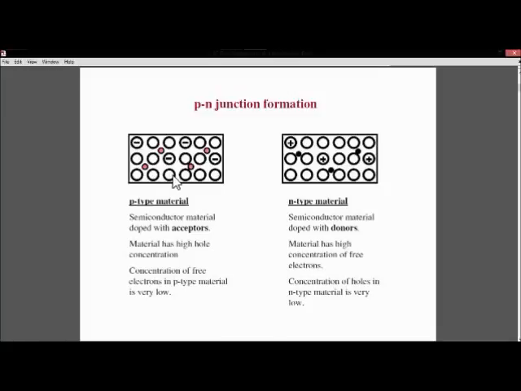The number of holes is always more than the number of electrons in P-type semiconductors, and it is just the opposite in N-type materials. In this case, the semiconductor is doped with donors. They have a high concentration of electrons, and the concentration of holes in N-type material is very low.